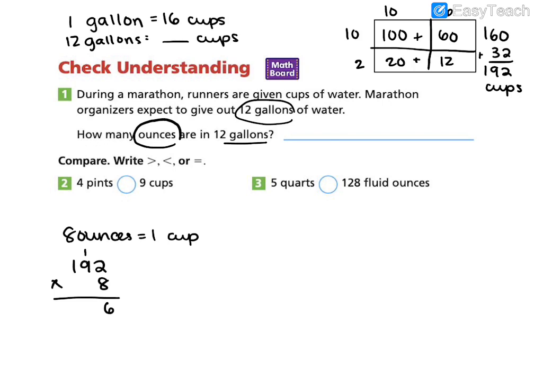I'm going to regroup my 10. 8 times 9 tens is equal to 72 tens, plus the 1 ten I regrouped will be 73 tens, 3 tens, 7 hundreds. And 8 times my 100 will be 8 hundreds, plus 7 more is 15 hundreds. So here's our final answer. How many ounces are in 12 gallons? 1,536 ounces.